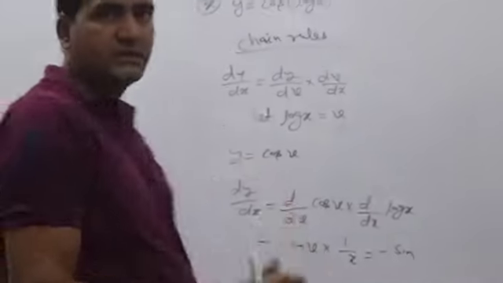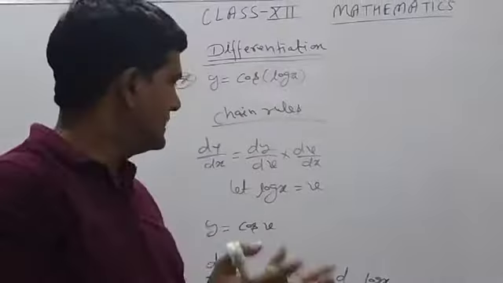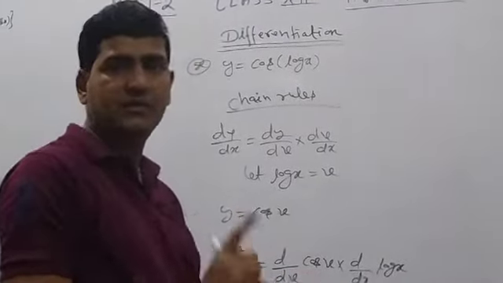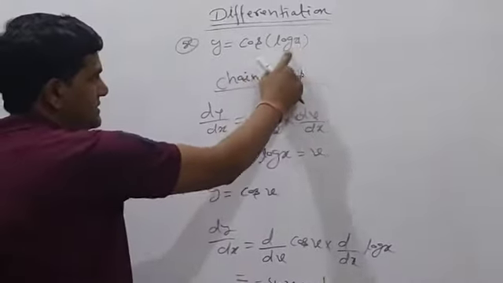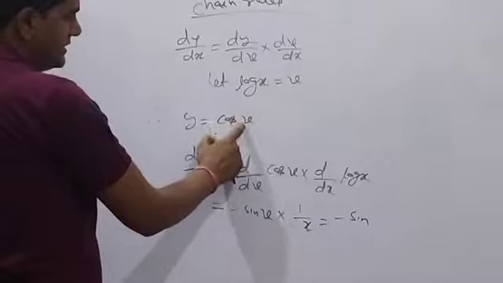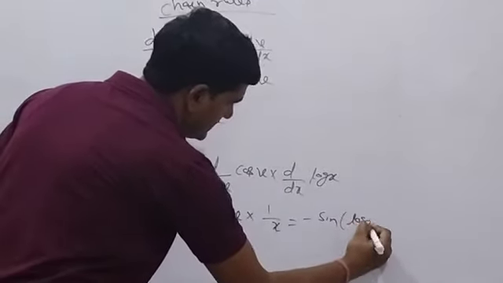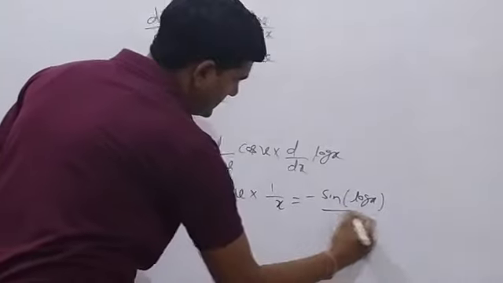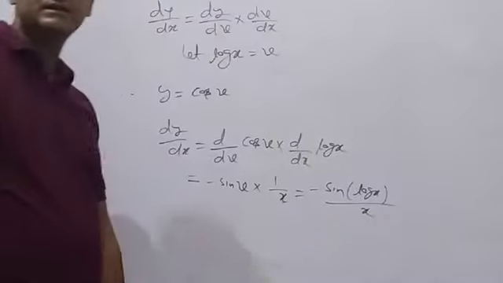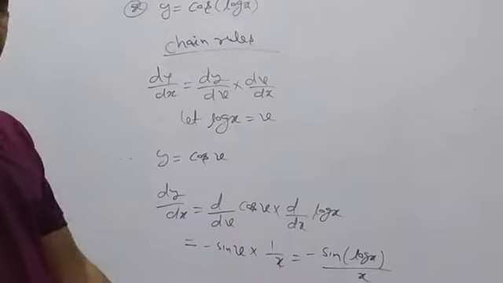Because the question is given in terms of x, at last we have to get the answer in terms of x. Put the value here. v is equal to log x. Then sin of log x upon x. Now this is the answer. So this is the rule based on the chain rule.